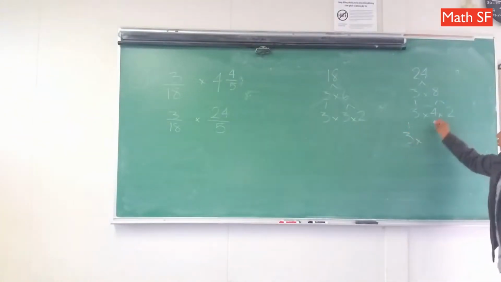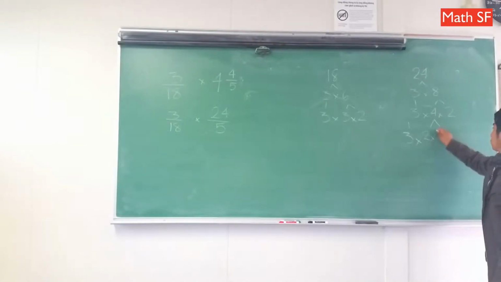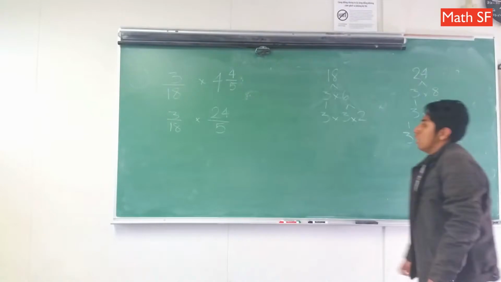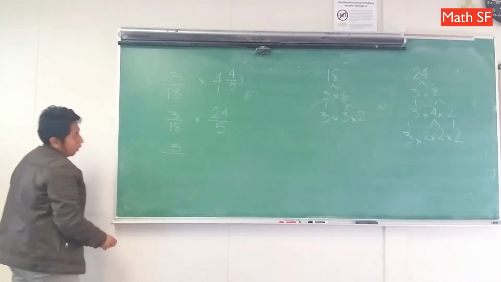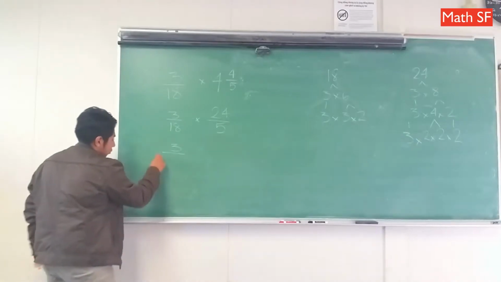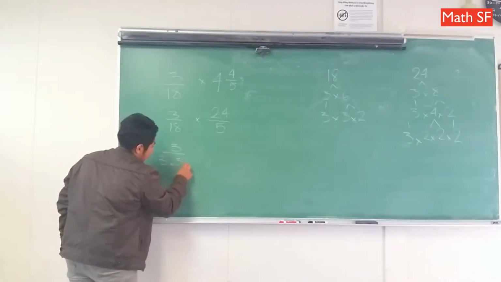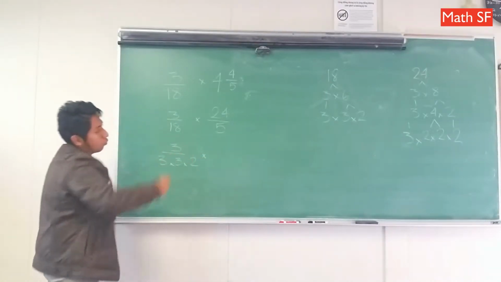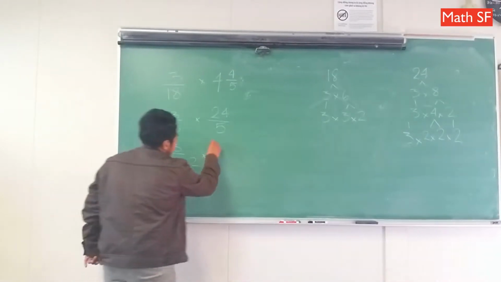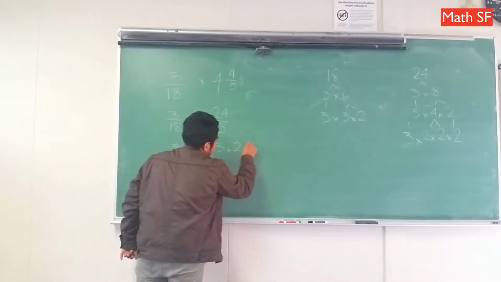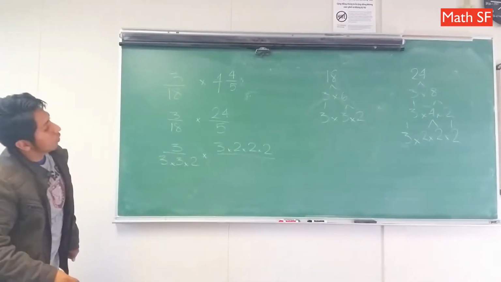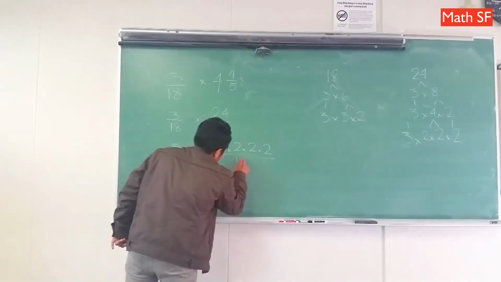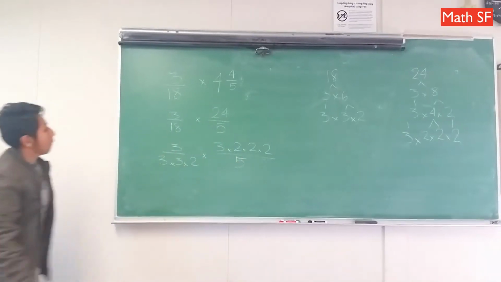And this 4 here, I can write as 2 times 2 and bring these 2 down. Now let's rewrite it. A 3 is a prime number, I keep my 3 there. The 18 gives us 3 times 3 times 2. The 24 is 3 times 2 times 2 times 2 over 5. Well, 5 is a prime number, so I just write the 5 there.